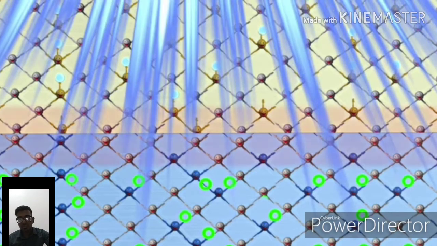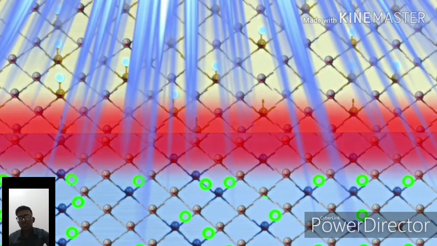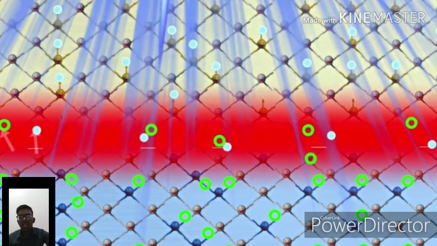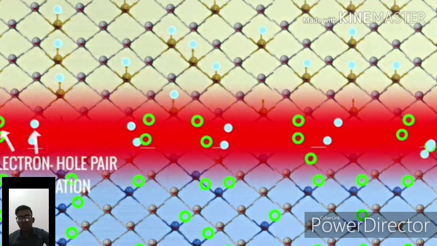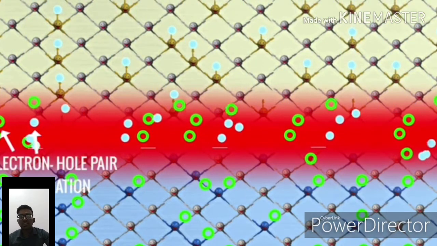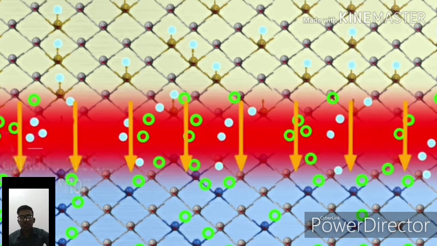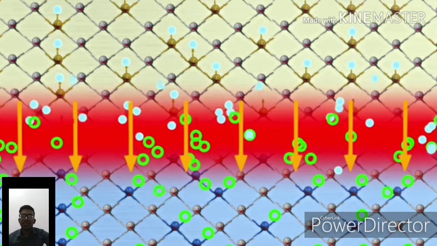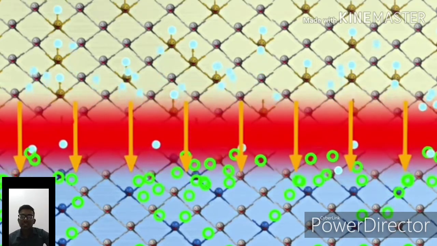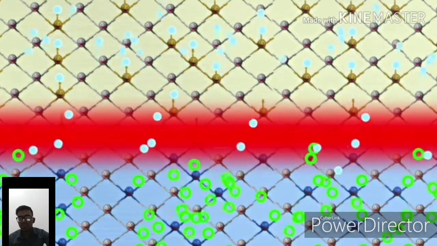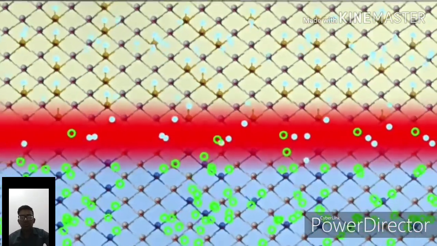The video shows that when light strikes the p-n junction, the photon will energize the electron to move out from its orbit. The escaped electron will find a hole for placement.